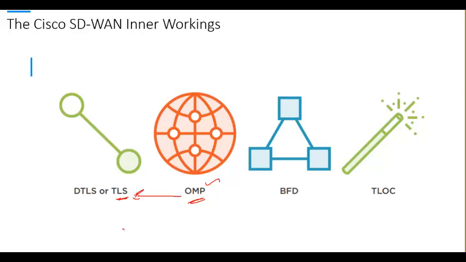You will see next hop information. Not only the IP address, there are also some colors, and we'll talk about that. So OMP carries route, next hop, encryption key, and then policy information, based on which the path is taken over the overlay network.